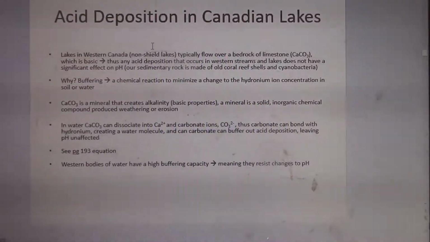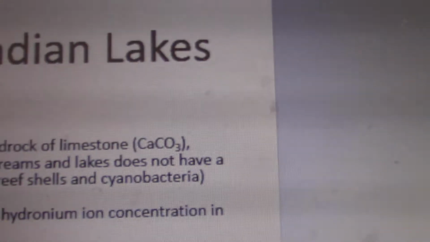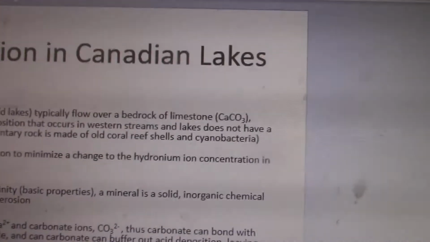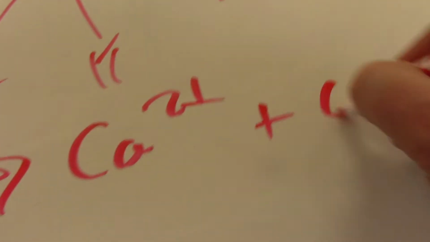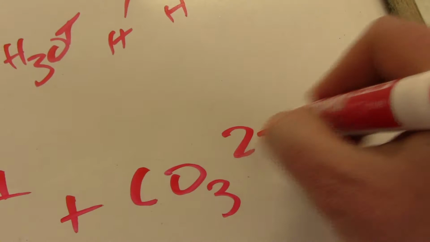So for lakes in Western Canada, we have bedrock of limestone for the most part. Close to the Rocky Mountains, we have calcium carbonate. Right, this is calcium carbonate. When it dissolves in water, it breaks up into Ca2+ and CO3 negative.